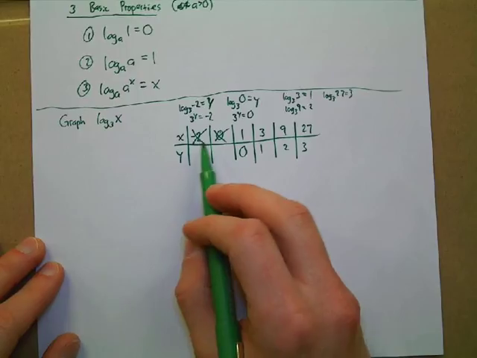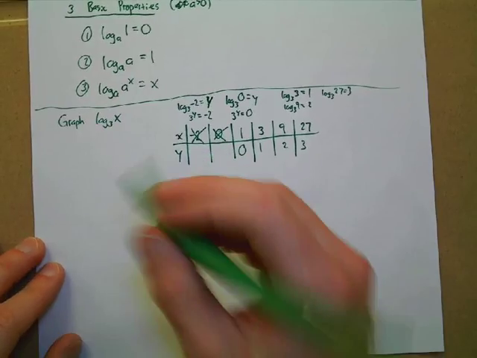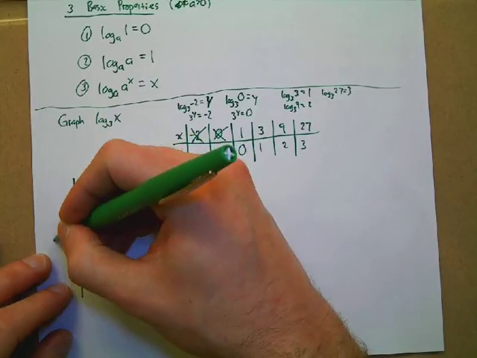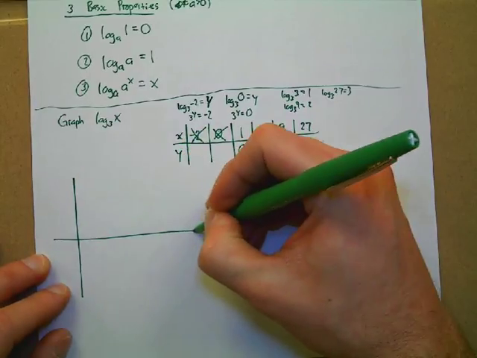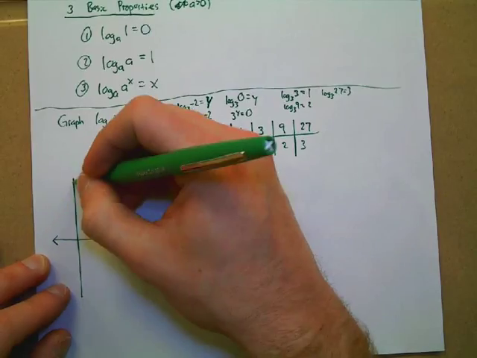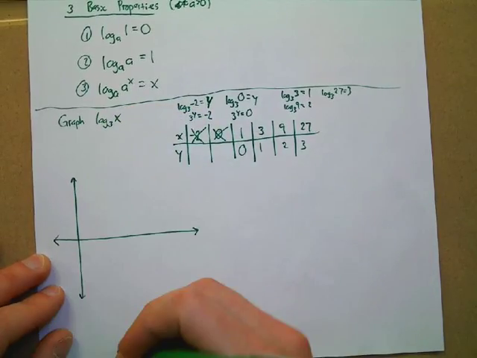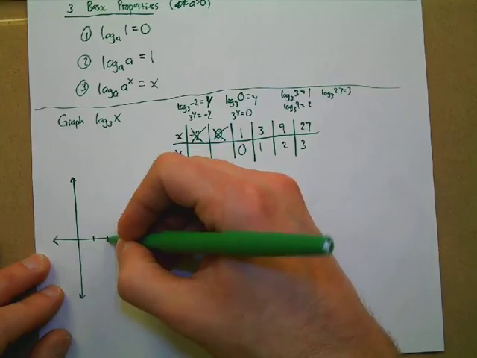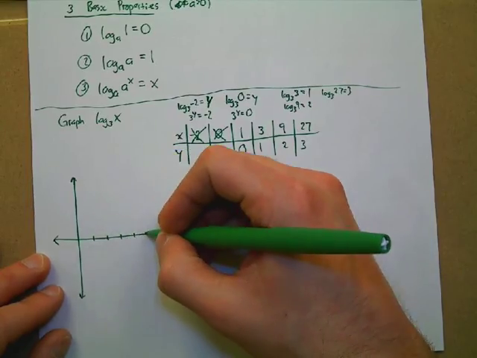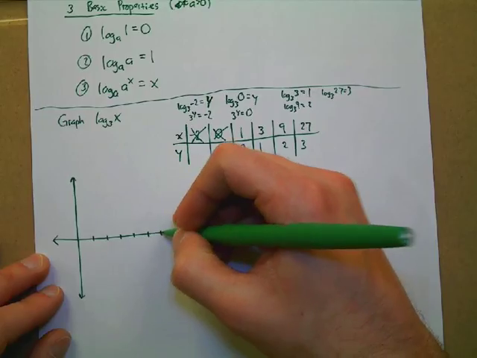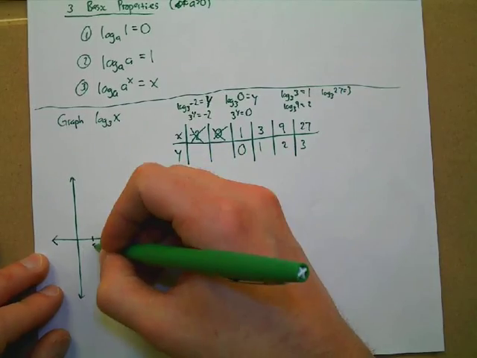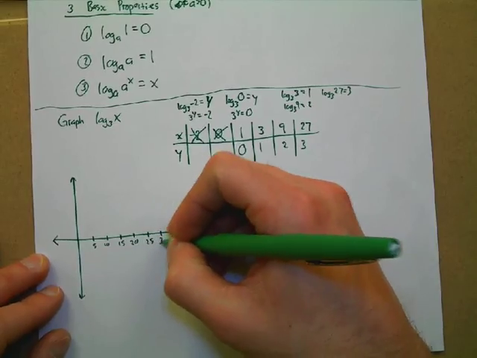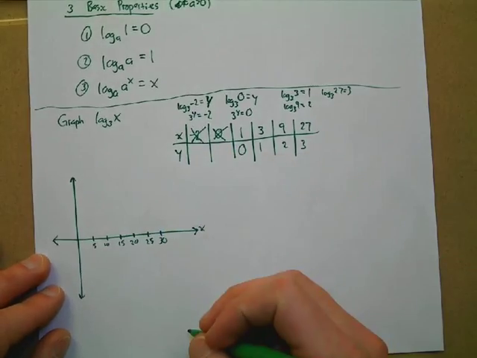And let's see, how am I going to count this? Maybe I'll count by 5s or something like that: 5, 10, 15, 20, 25, 30. Okay, and then maybe I'll count by 1s here: 1, 2, 3.